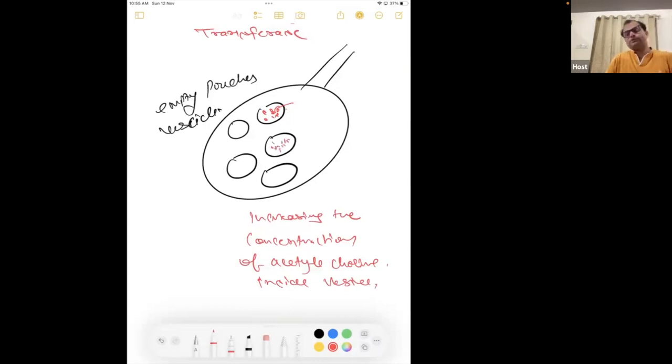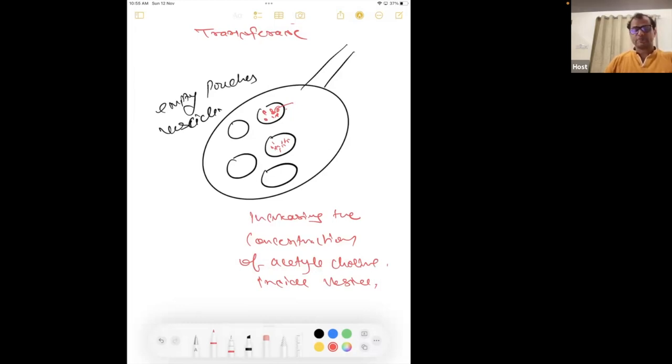So now when there is a need, they will burst out and release the neurotransmitter. In this way, the action will happen.